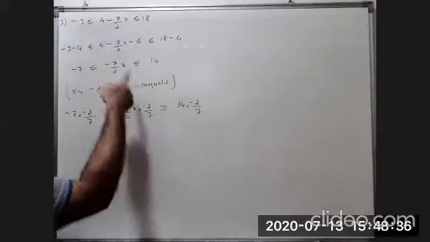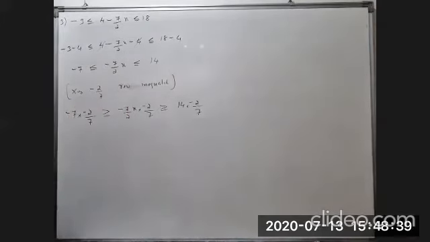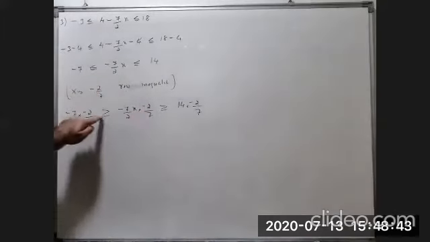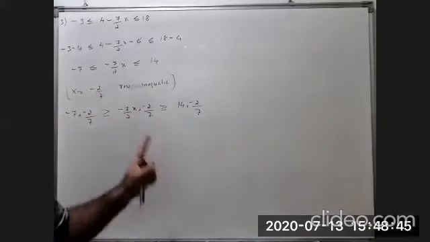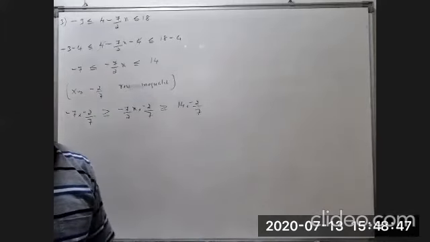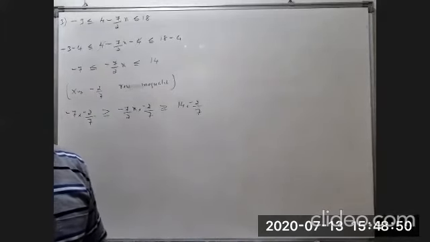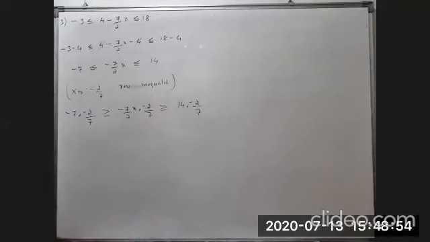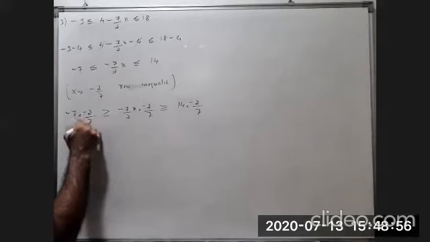-7 by 2 multiplied by -2 by 7. Since we are multiplying with a negative number, do remember the inequality will reverse. Do not forget it. That's a commonly seen mistake. While multiplying by a negative number, you will forget to reverse the inequality. So this 7 cancels.